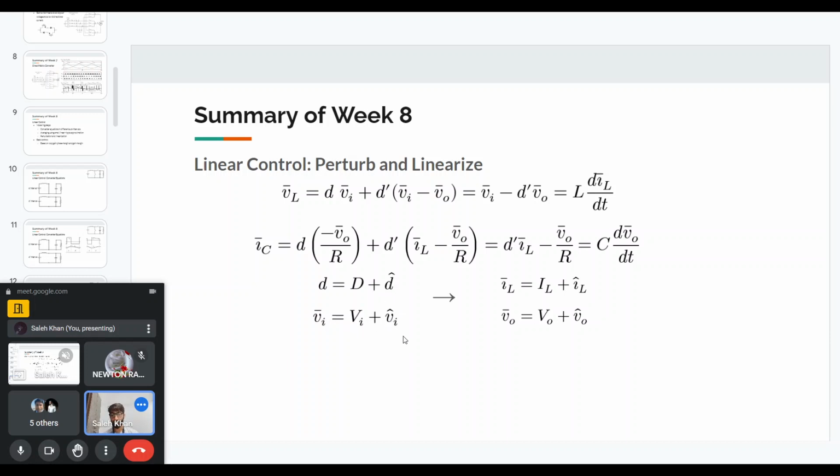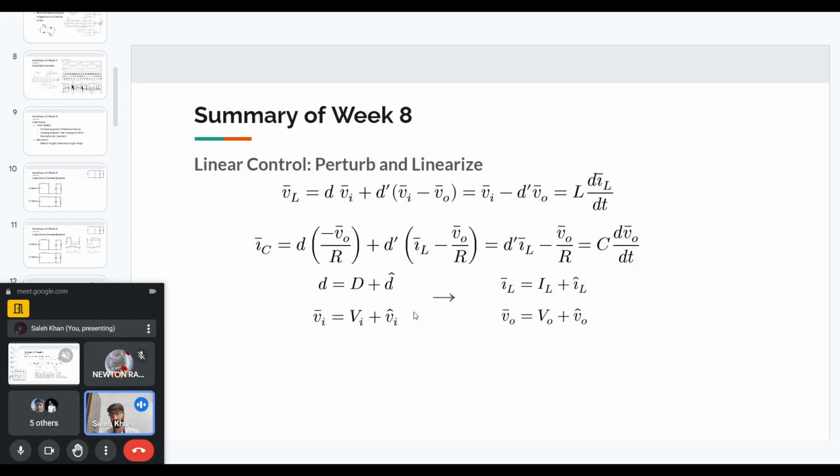Vi hat by itself is a first order AC term. But if it is multiplied by any other small signal AC term, it becomes a second order AC term, and that would make it a nonlinear system. So I will remove the second order AC terms, because I assume these hat terms are very small. If I multiply them by another very small quantity, the result will be even smaller.